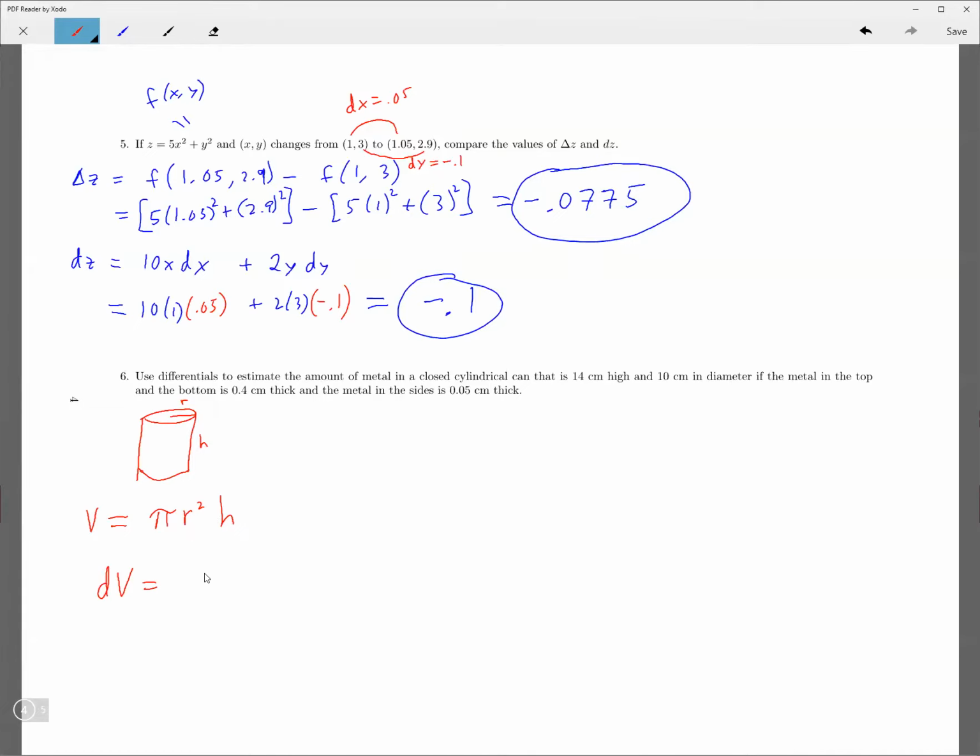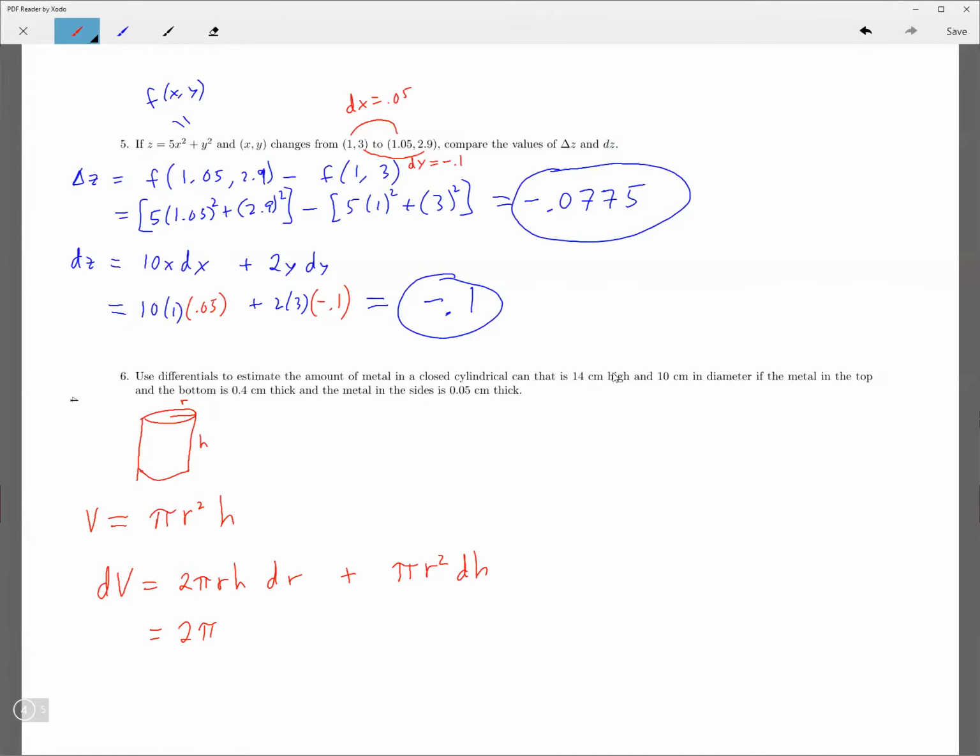It's 2 pi r h dr, and then plus the partial with respect to h, pi r squared dh. Yes. Exactly. Okay, so now what we're going to do is plug in everything.